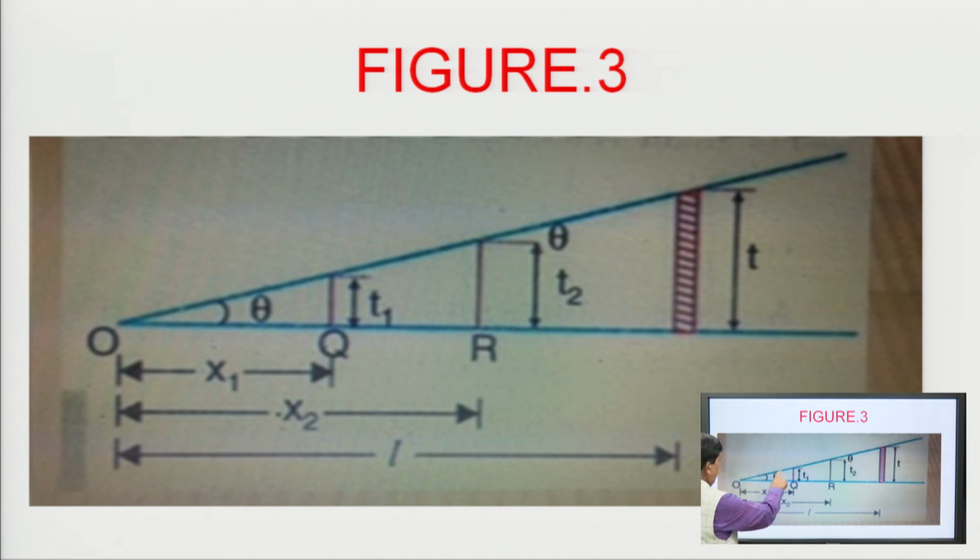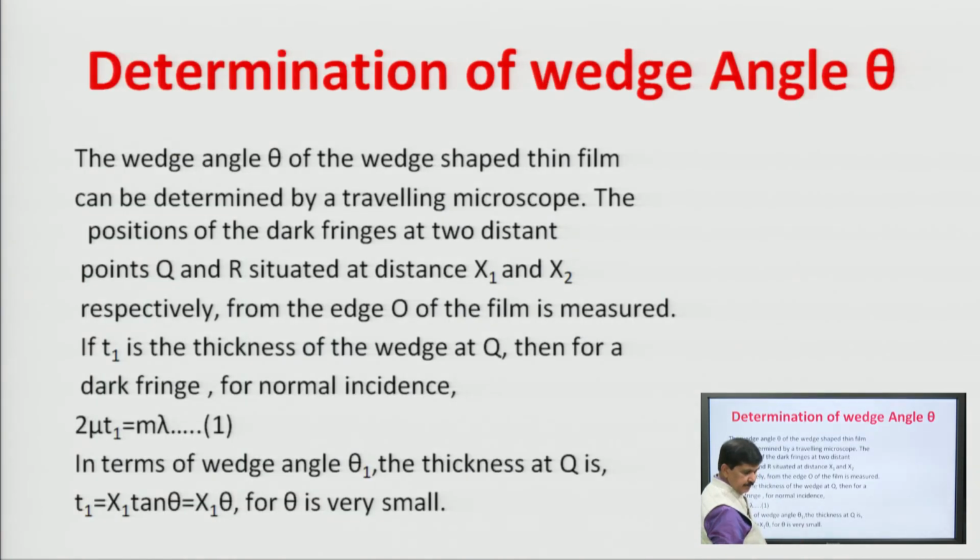So, for this Q ring, tan theta will be T1 upon x1. For the dark fringe at R, tan theta will be T2 upon x2. Again go through the equation.